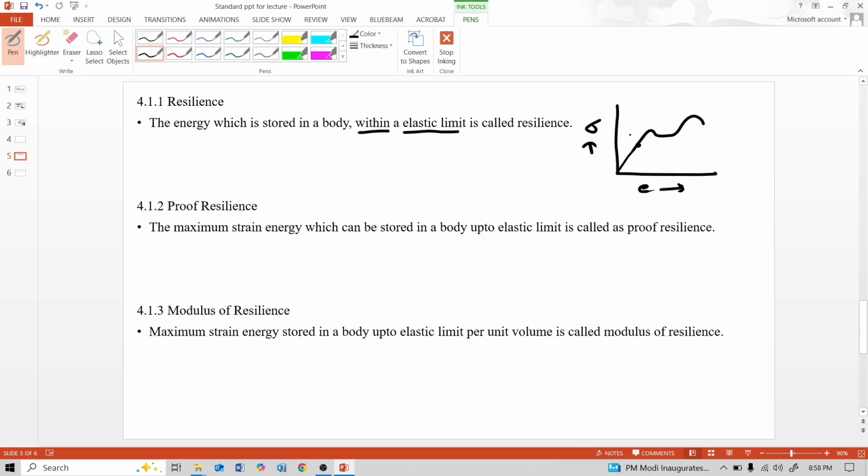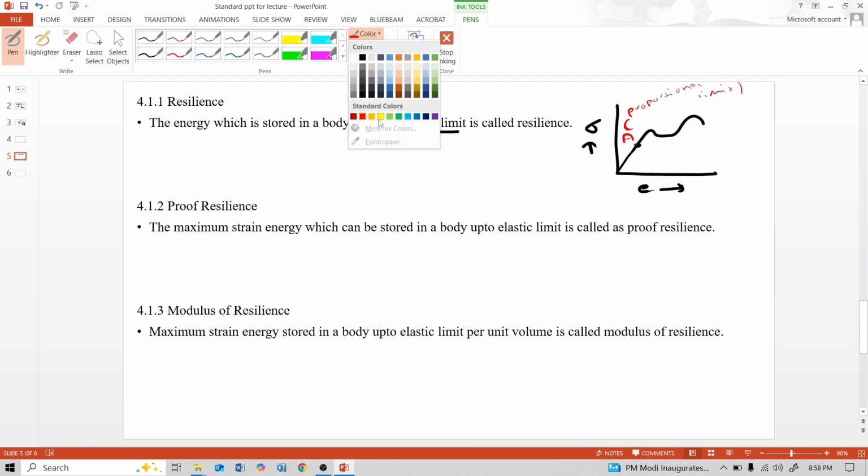Consider this as point A, and this point A is nothing but the proportional limit. Next, this is point B, and this is the elastic limit.